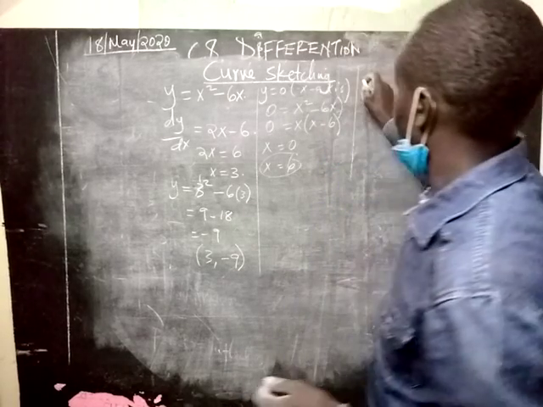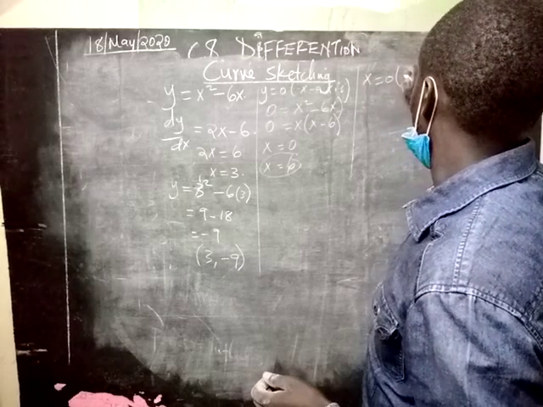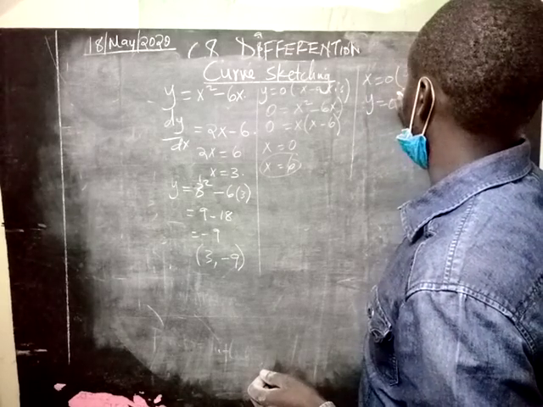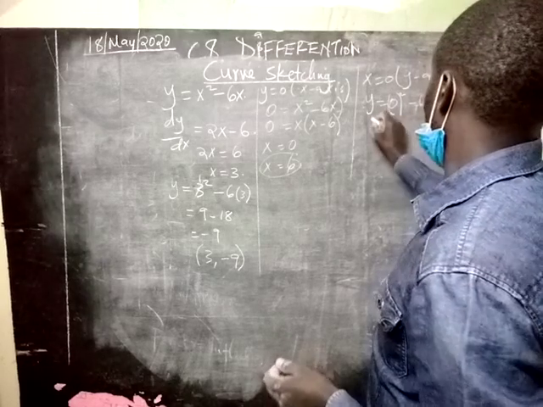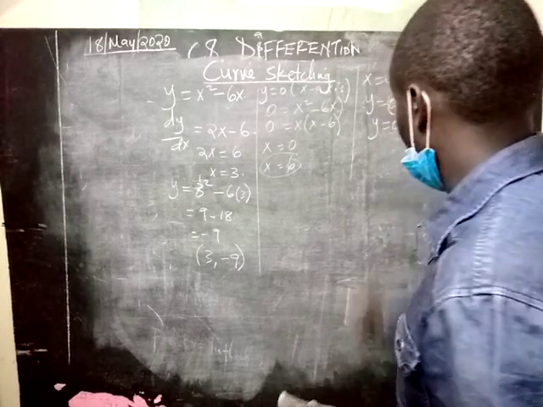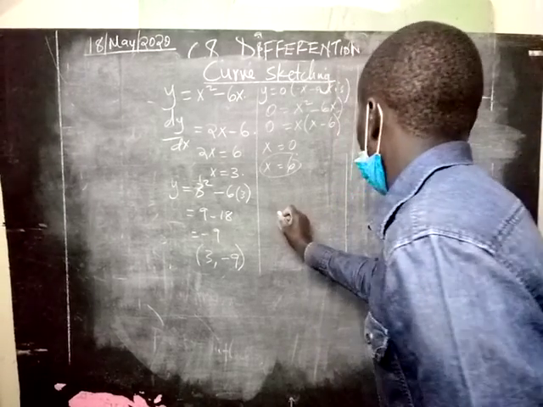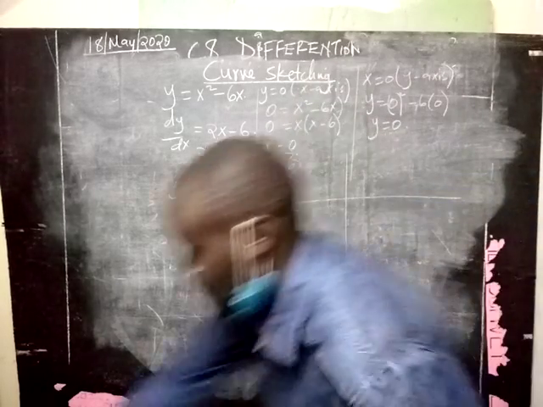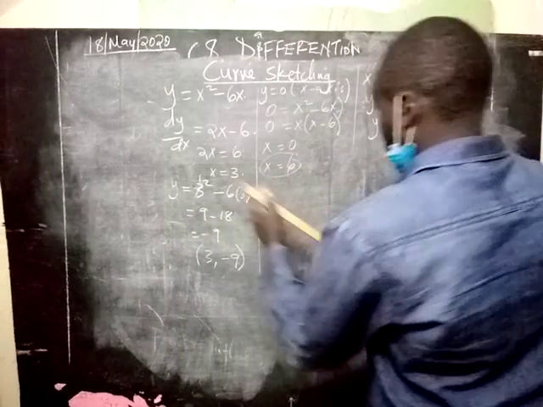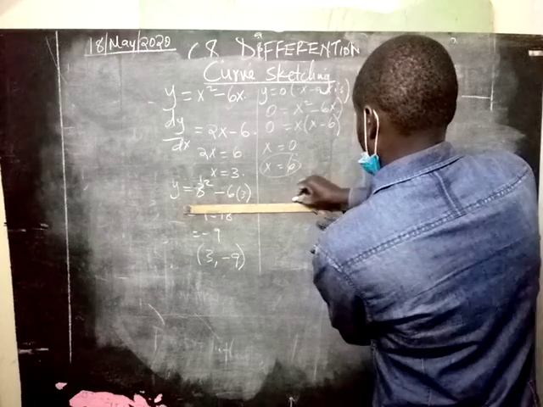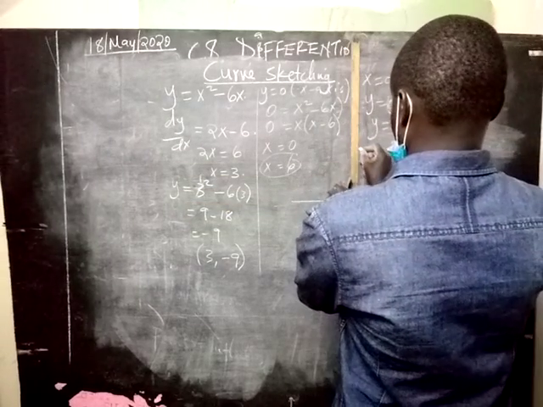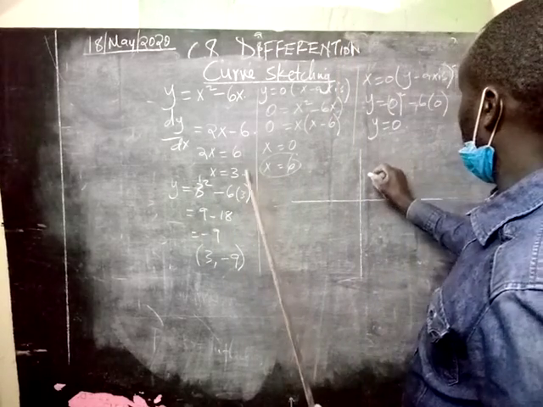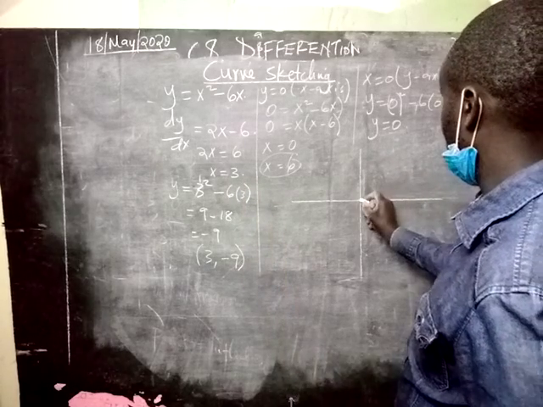Then when x equals 0, this is the y-axis, we are going to say y equals 0 raised to 2 minus 6 times 0. So we'll have y equals 0. So when we are going to have that sketch of the curve, at the y-axis, we have y as 0, so it's here.